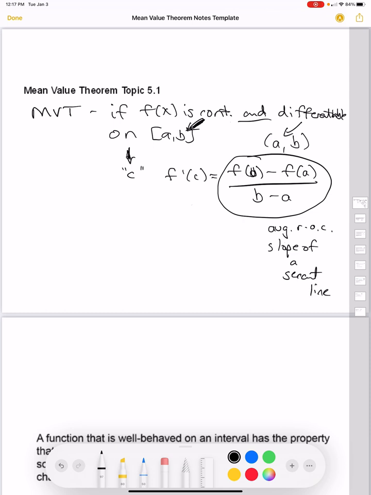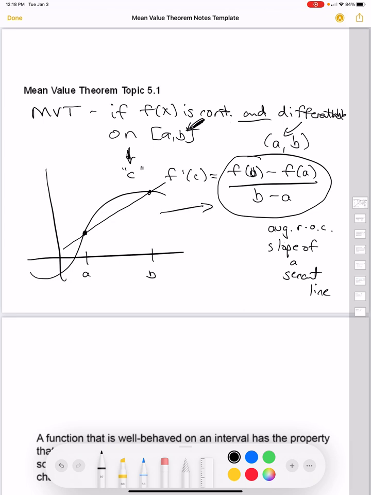So what we have going on here is we've got this function, all right, and here's A, and here's B, here's our 2 points. If I connect these 2 points like that, I have this secant line, and that's what this slope tells me, the slope of that secant line.